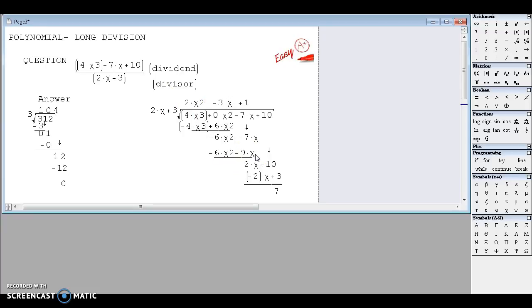Are you seeing that? So remember, we're going to subtract this figure right here from the figure above.